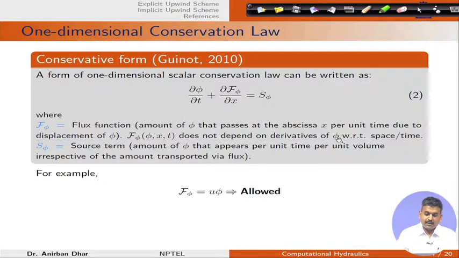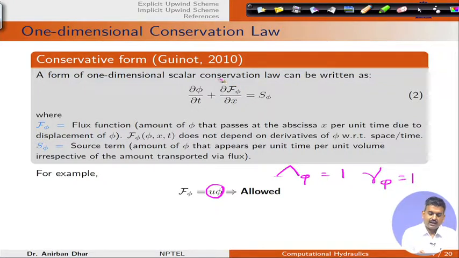For example, in this case f phi can be u phi. If f phi is equal to u phi, lambda phi equals 1 and epsilon phi equals 1, then we can get this equation without the first term on the right hand side and the other fourth term on the right hand side.